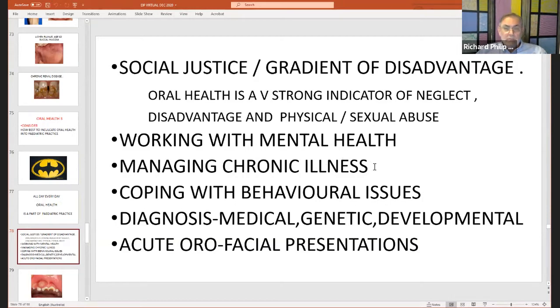Chronic illnesses, diabetes, cerebral palsy, and behavioral issues, children who self-inflict dental damage, or won't open their jaw for 3 months because of abuse and psychological trauma, all need strong dental input, let alone diagnosing syndromes, 700 odd syndromes with pathognomonic signs. And of course, acute orofacial presentations, from rings stuck on fingers or tongue stuck in drink bottles to physical and sexual abuse. So there's just so much relevance in putting oral health into your practice.